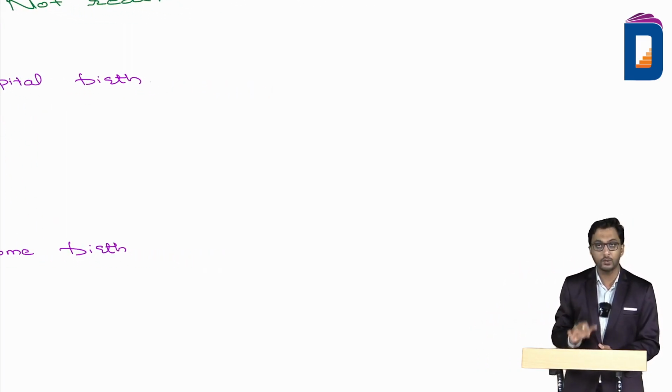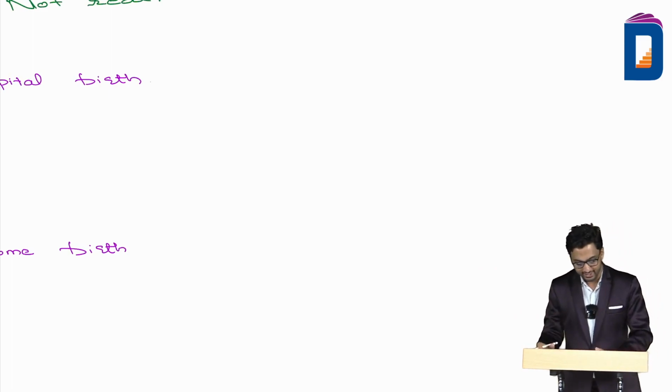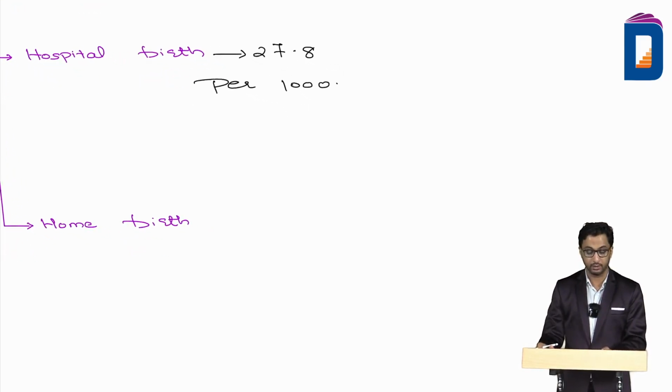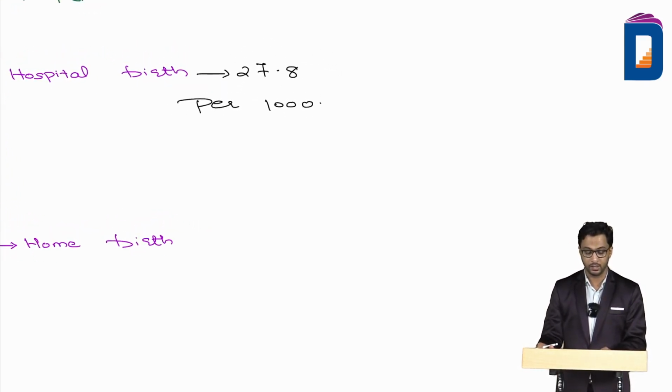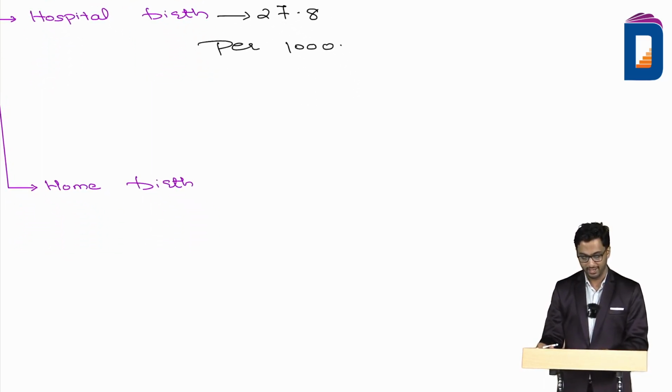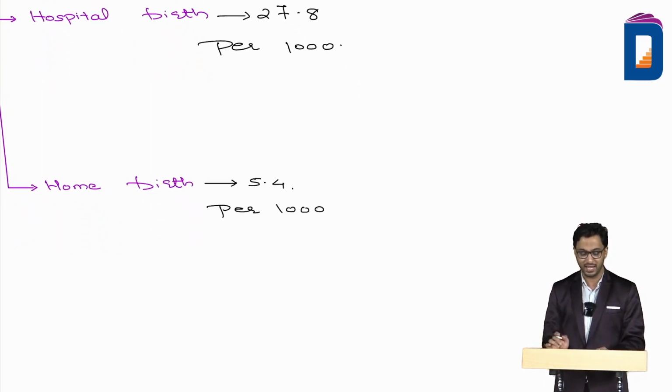When a study was conducted, it was noticed that 27.8 per 1,000 who gave birth at hospital died, whereas in home, the same 1,000 was checked and only 5.4.